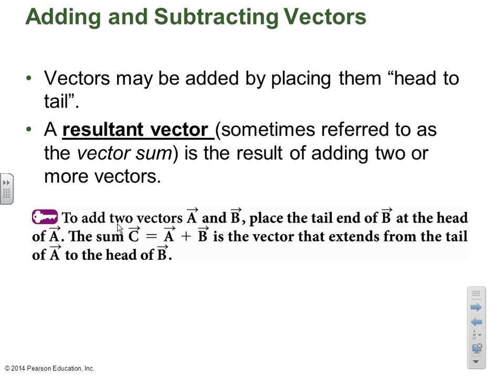And then the sum, vector C, is the vector that goes from the tail of A to the head of B. So from the beginning of the first one to the end of the last one. Good there? Good idea? Okay.